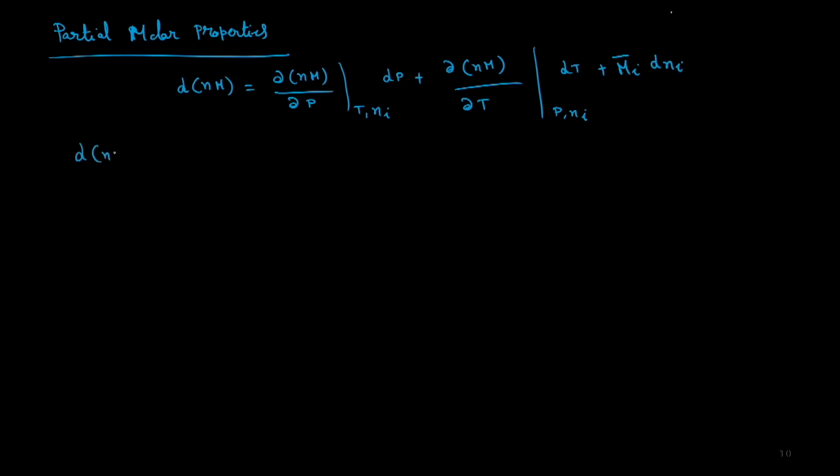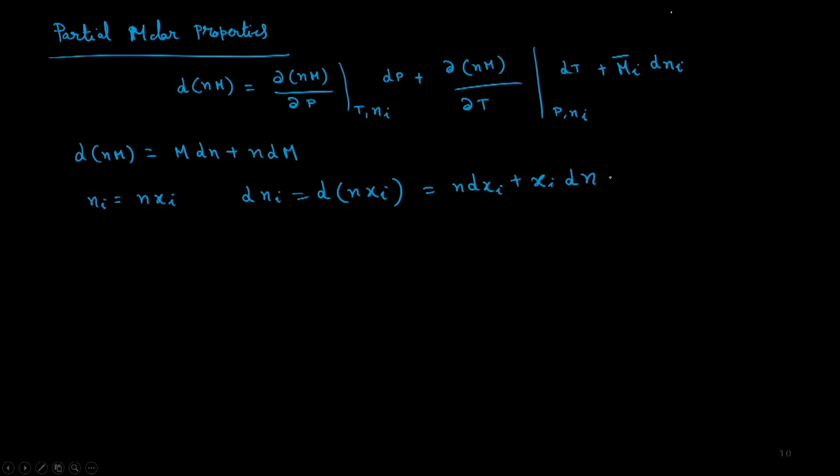Now d of Nm is m times dn plus n times dm. And similarly, if I write Ni as the total number of moles multiplied with the mole fraction, then dNi is going to be d of n times xi, or n times dxi plus xi times dn.